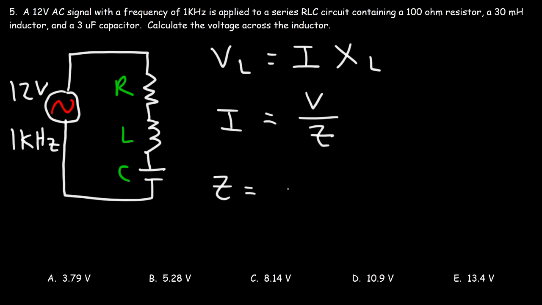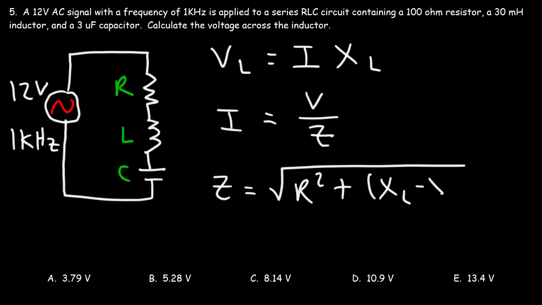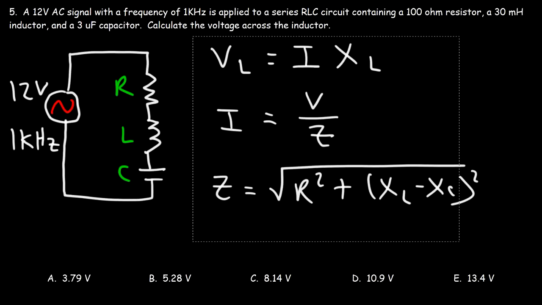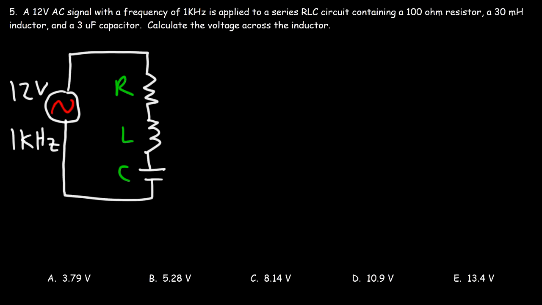The impedance, represented by the symbol Z, measured in units of ohms, is the square root of R squared plus XL minus XC squared. So let's calculate XL and XC first. So XL, the inductive reactance, is 2 pi FL.